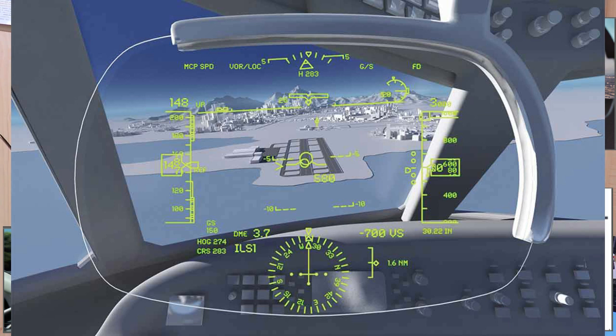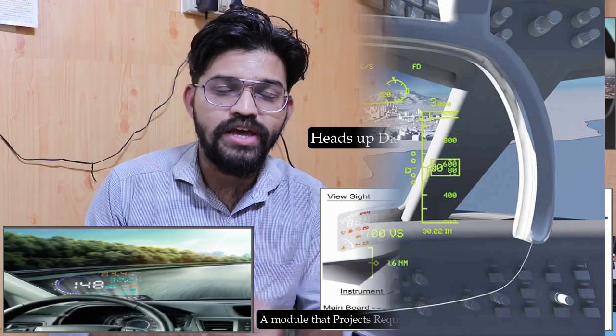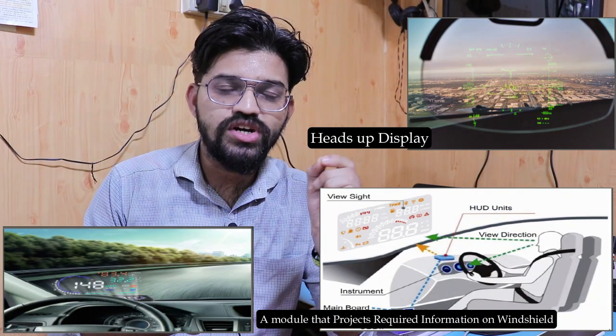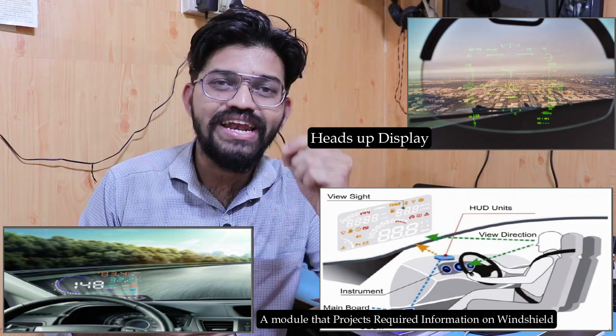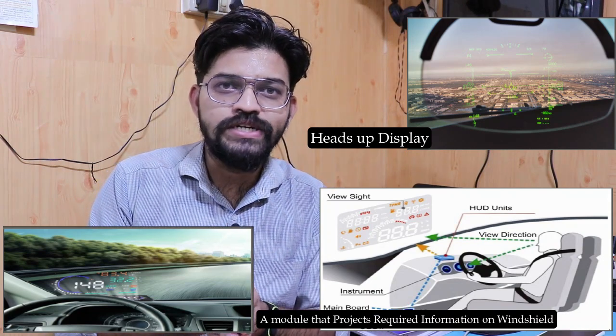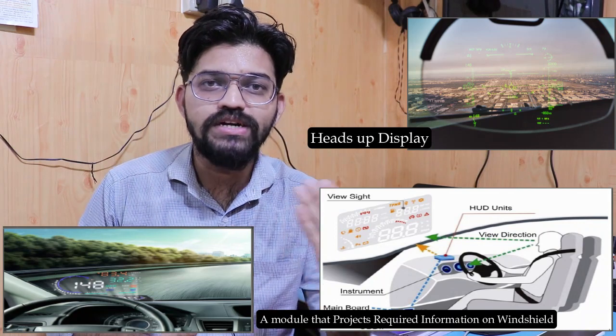Over here he can see the latitude, longitude, the coordinates as well, and other information. So this is a transparent type of display. The required information is projected in terms of lines on that transparent display. So this is nothing but the heads up display.